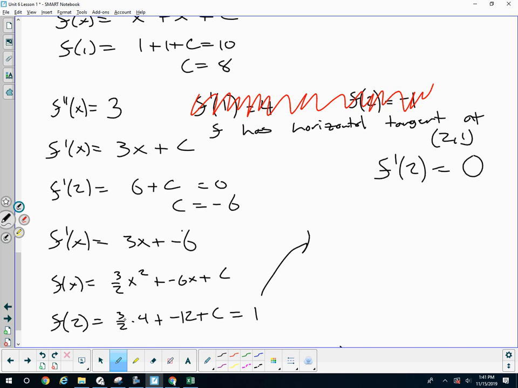Three halves times 4, that's going to be 2 times 3, which is 6, plus negative 12 plus c equals 1. I get negative 6 plus c equals 1. I get c is equal to 7. F, therefore, is 3 halves x squared plus negative 6x plus 7.